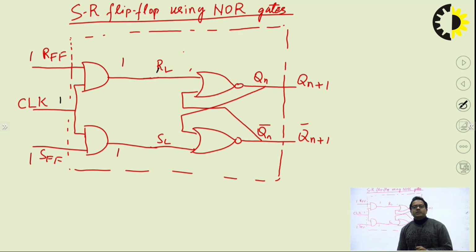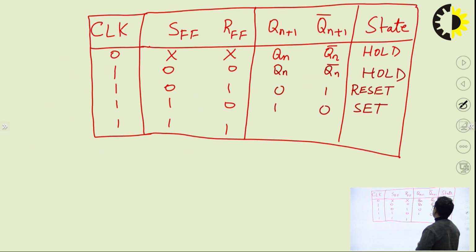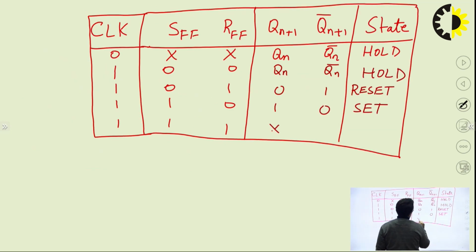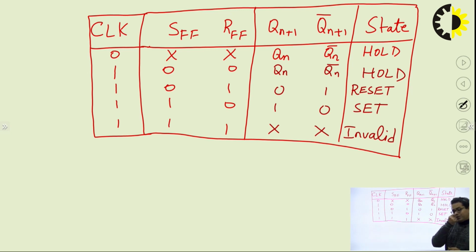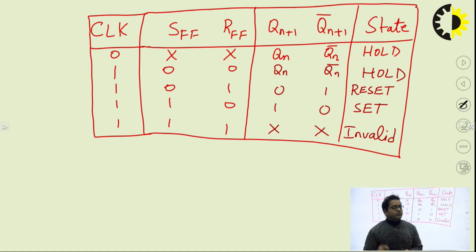So that is called an invalid state. So this is your invalid state. So this is the truth table for the SR latch using NOR gate. Similarly, we are going to discuss the truth table for the SR latch using NAND gate. So let us try to discuss that thing also.